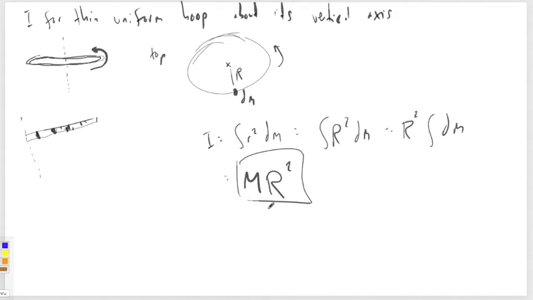All right. I think I said 2 more earlier, but I lied to you. Let's do 2 more from this point. This time, instead of having a thin hoop, we want to find the I value for a thin solid uniform disk about its vertical axis.